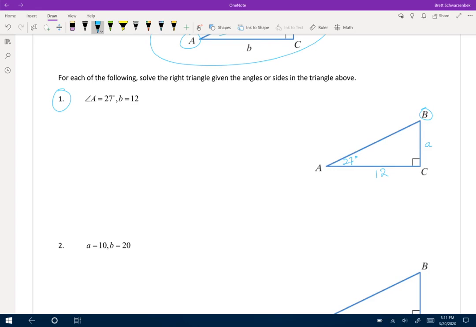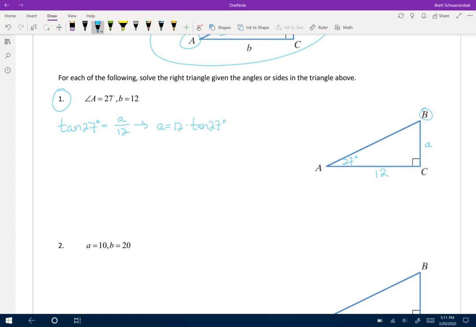So that clearly is going to be the tangent function. So we want to take the tangent of 27 degrees, and that is equal to a over 12. From previous lessons, you learned that to solve that, we just have to multiply both sides by 12 and get a is equal to 12 times the tangent of 27.